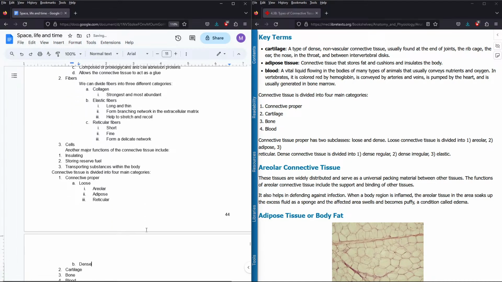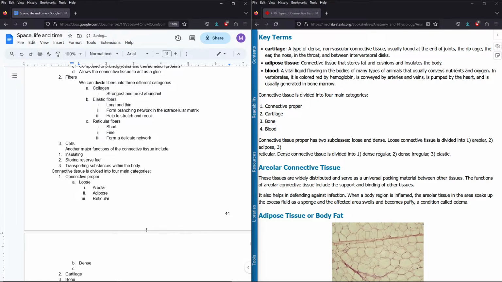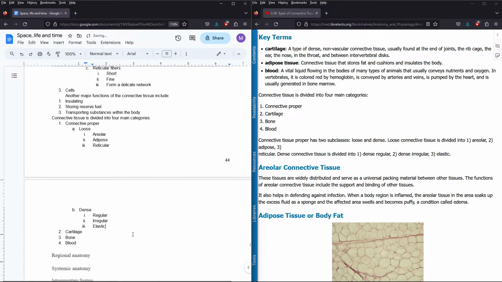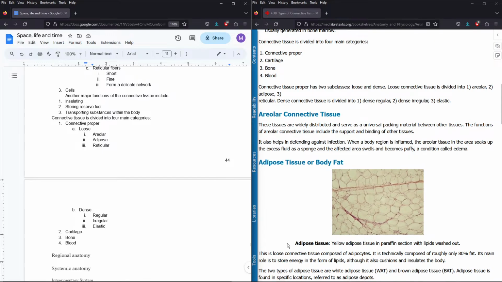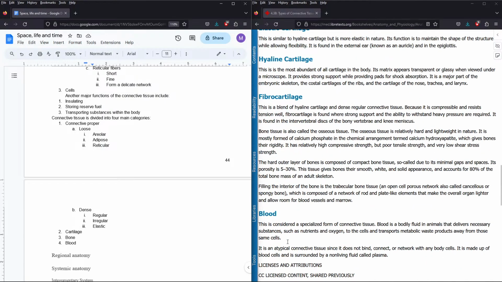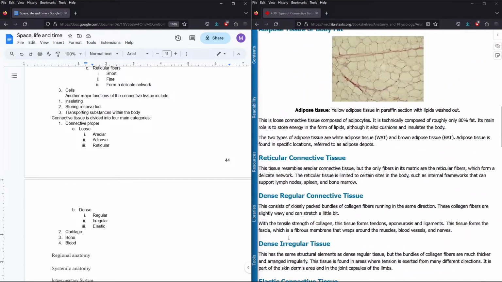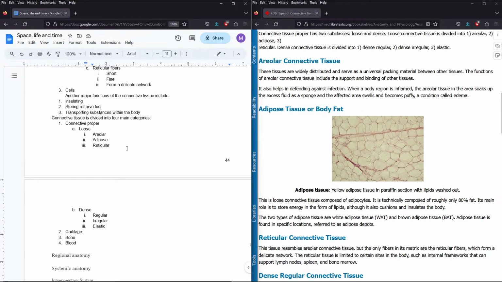Dense connective tissue is divided into dense regular, irregular, and elastic. It has quite a couple of categories. Oh my goodness, we are going in this deep. So first we have the areolar.